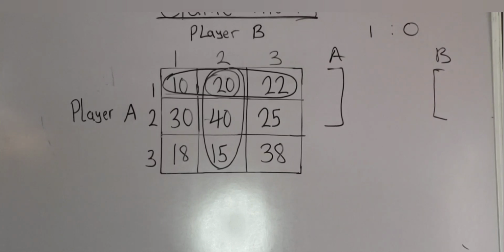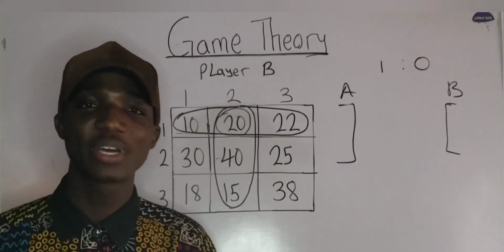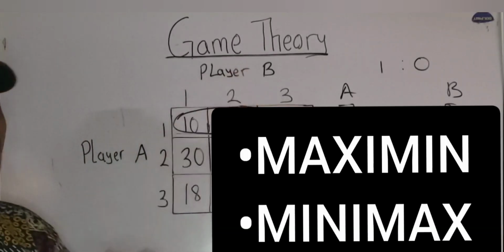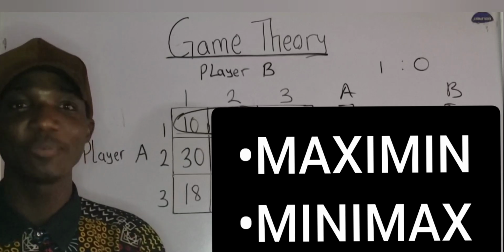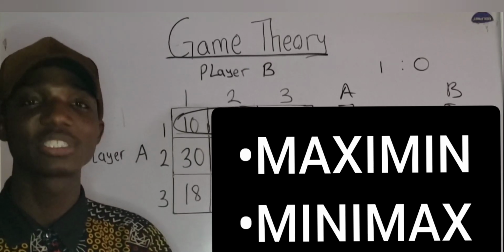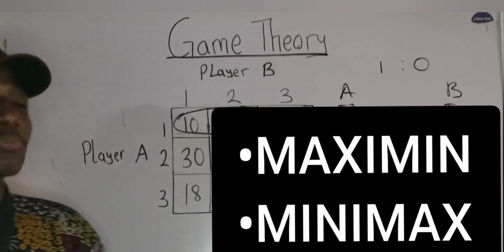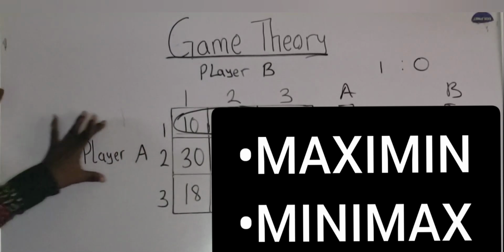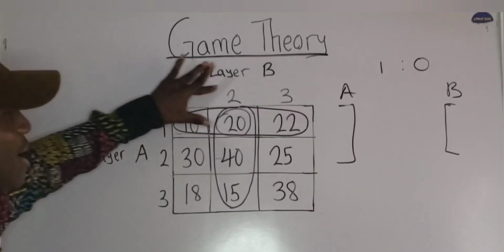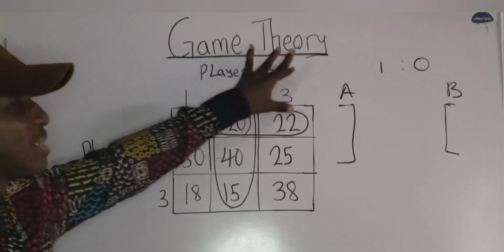Okay, another concept that we are going to talk about is the principle that is used in game theory. There are 2 principles used in game theory. The first is the maximin principle, and the second is the minimax principle. The maximin principle is adopted by the player that is here, and the minimax principle is adopted by the player that is here.